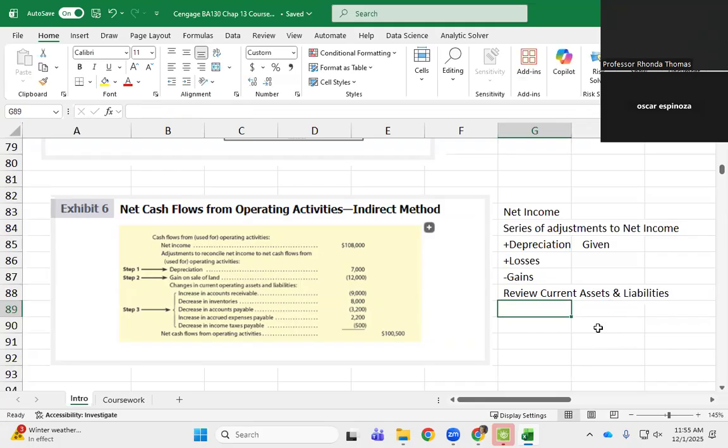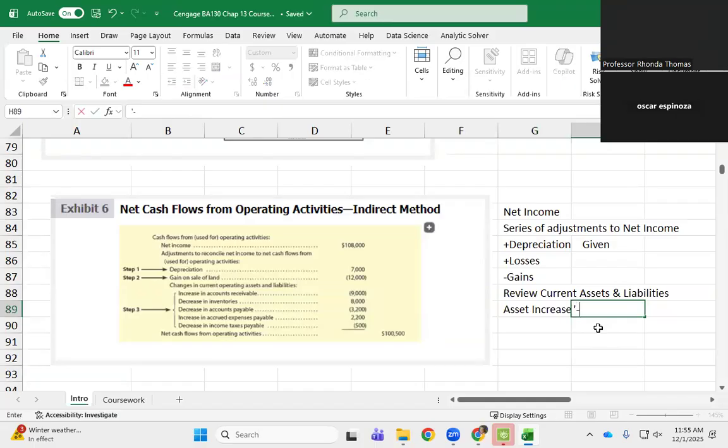And here's the rule. If an asset increases, I'll just put asset increase. What do you do with an asset that increases?